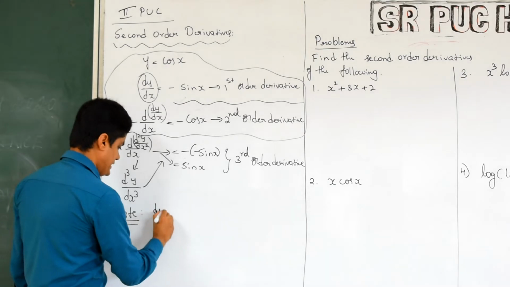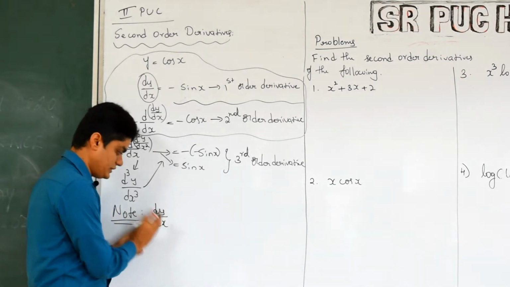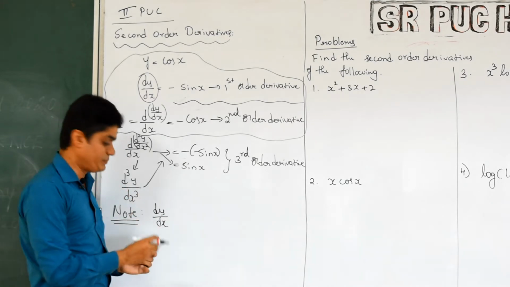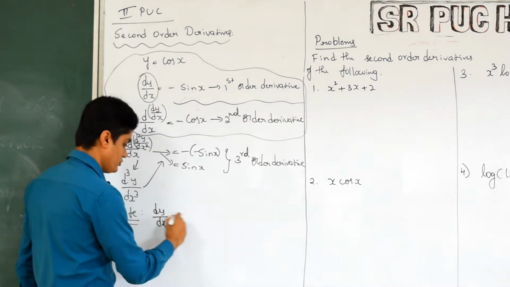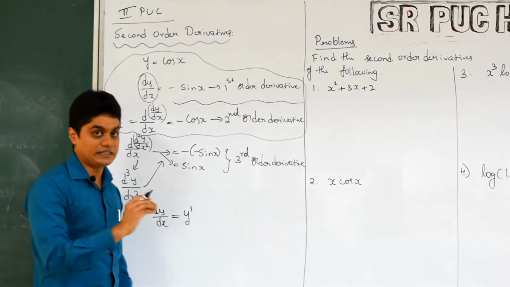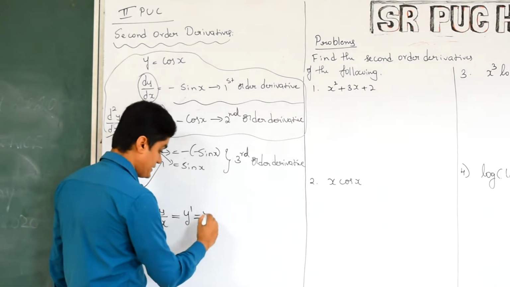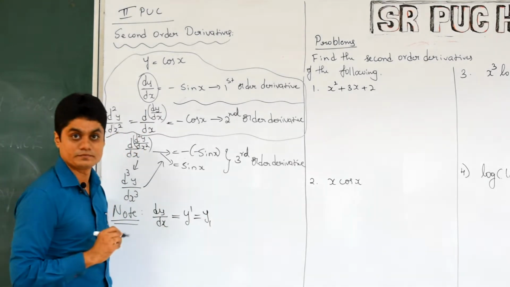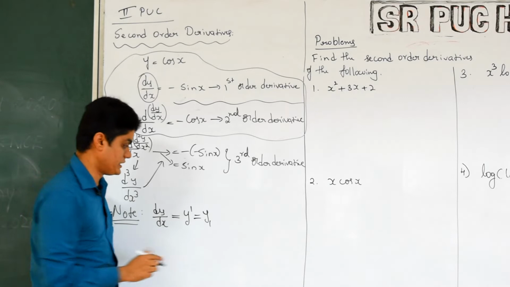Up to now you used only the notation dy by dx for first order derivative. But this is also represented as y dash. If you see y dash, it is nothing but first order derivative. You can also represent this as y1, y suffix 1, which is also first order derivative.